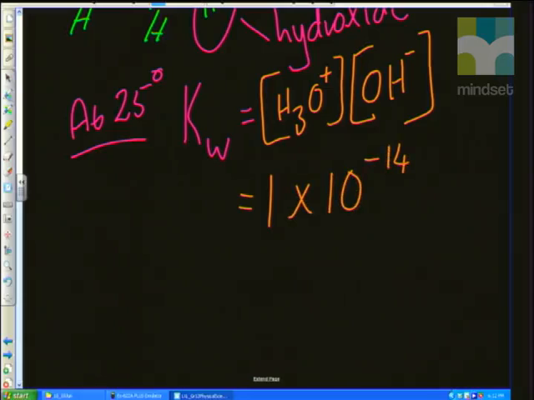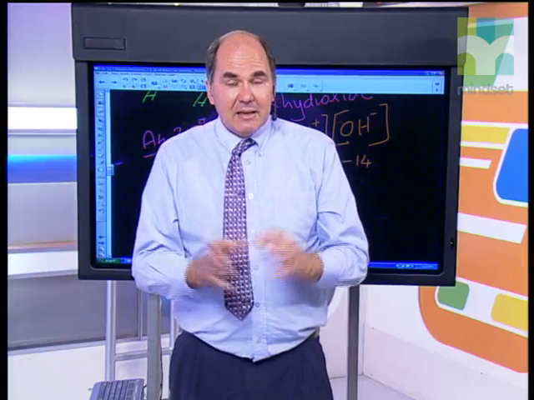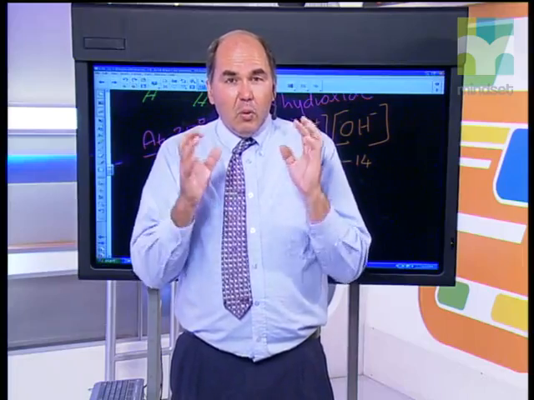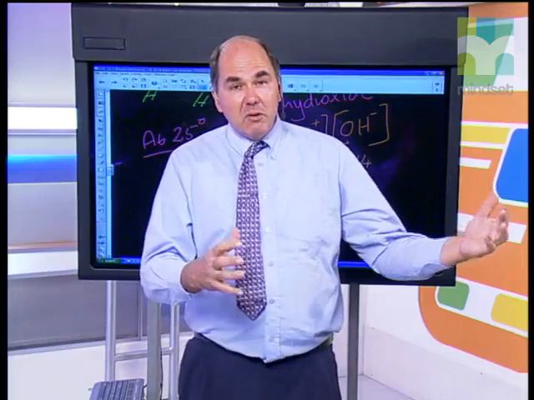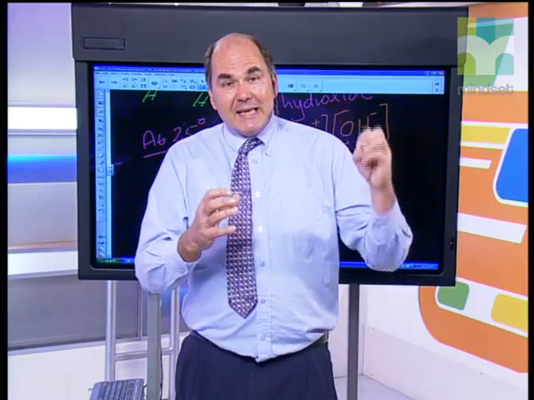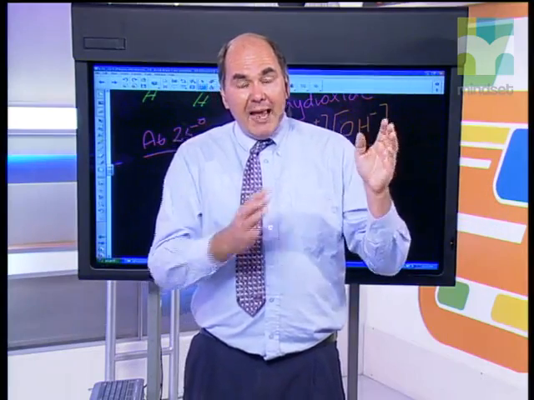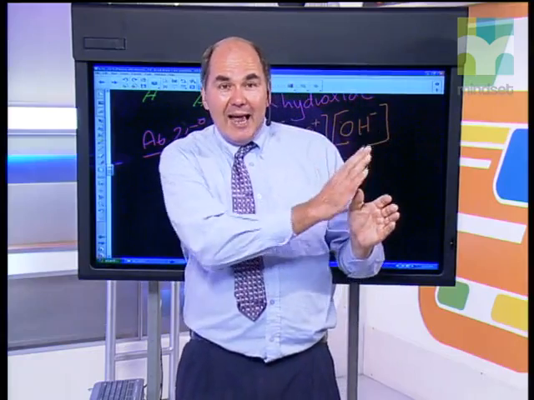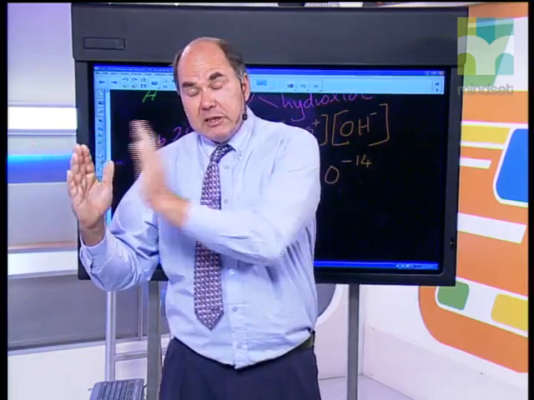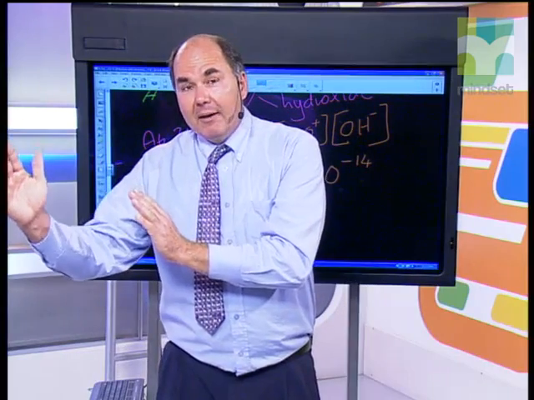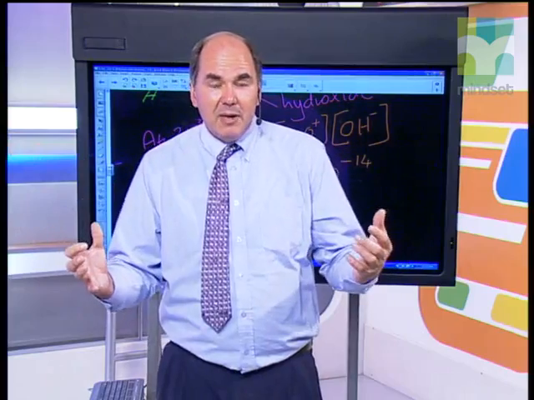Okay, that's the value at 25 degrees. So what's this telling us? Guys, think about it now. 1 times 10 to the minus 14. Is that a big number or is it a small number? Well, it's 0 and then a comma and 13 decimal zeros, 13 places, and then a 1. That's an incredibly small number.